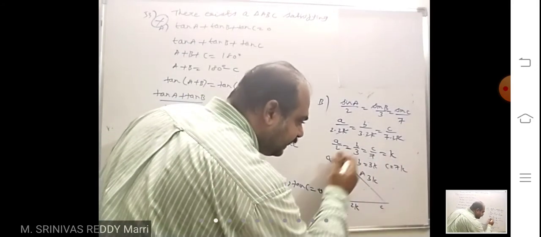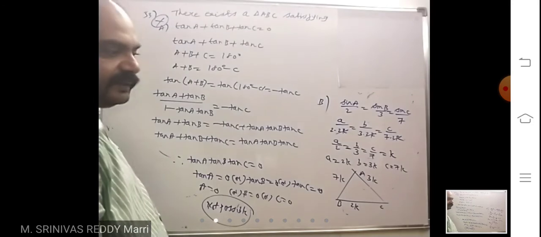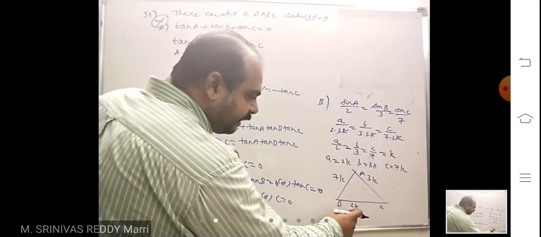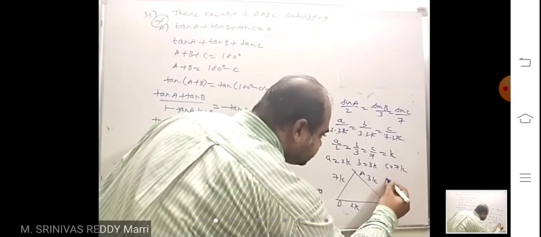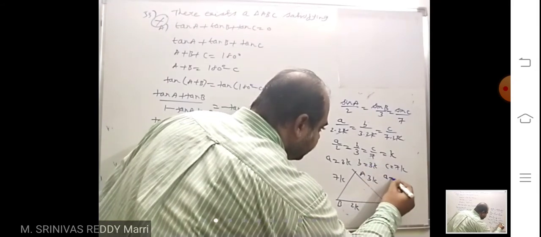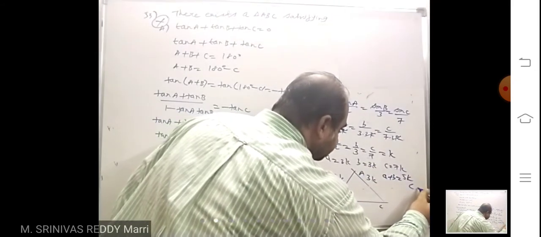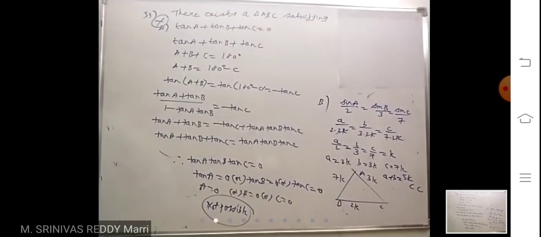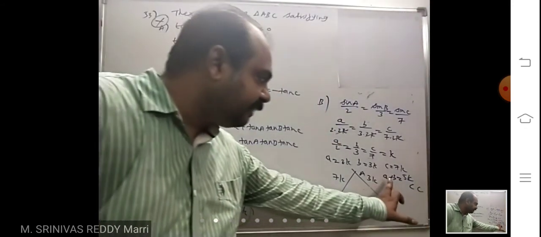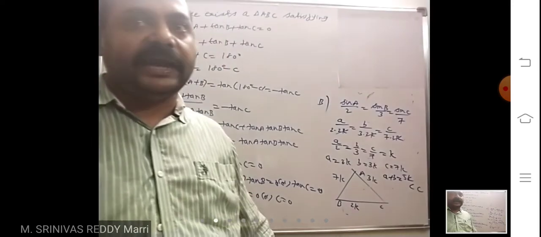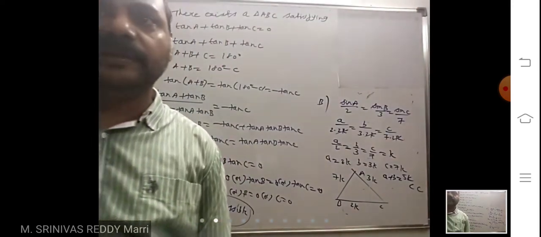Can any triangle be like this? Not possible, because the sum of these two sides, a plus b, is 5K, which is less than c. The sum of two sides is less than the third side. Is the triangle possible? Not possible.